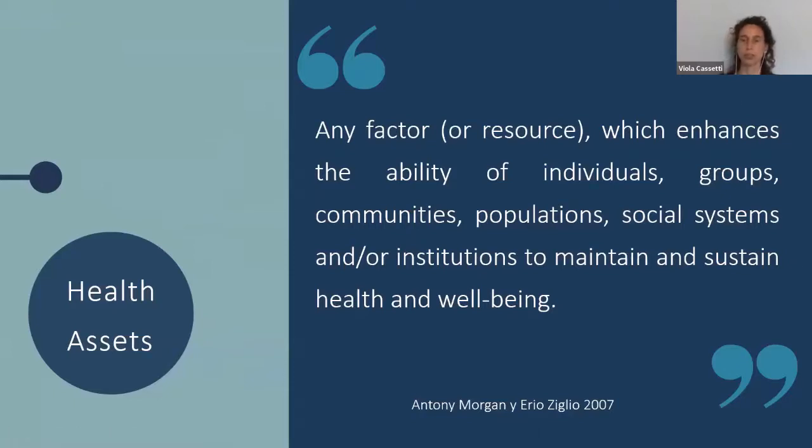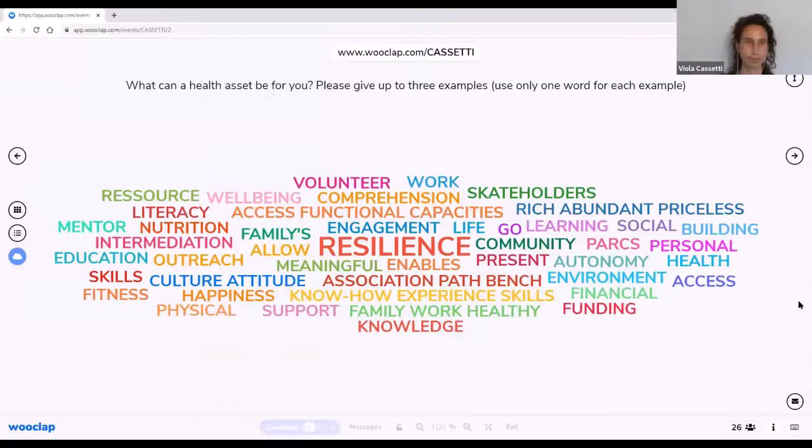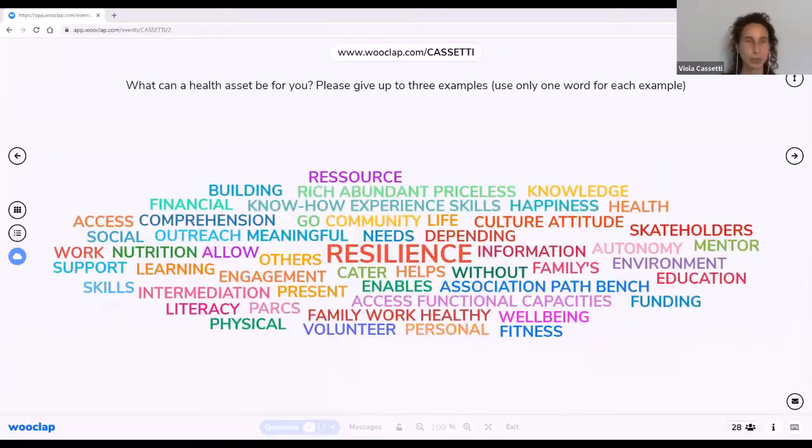But I'm quite curious to see what you thought a health asset could be. So this is why I've asked you at the beginning. Can you read it? Yeah. Okay. So there's a lot of things coming up in terms of what a health asset is: cultural happiness, physical support, family, resources, community needs, resilience is the one that is the bigger one that keeps coming up.